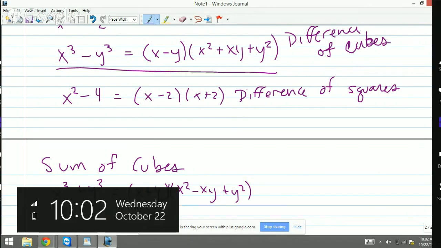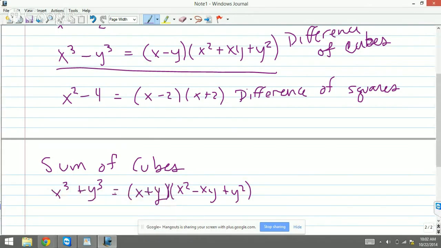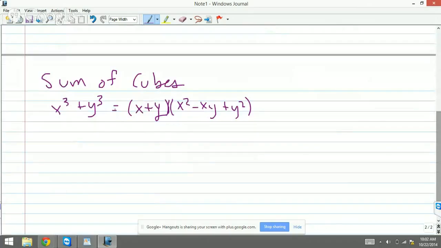So what if I have something such as x cubed plus, yeah. Hey, that's a good idea. Who said that?